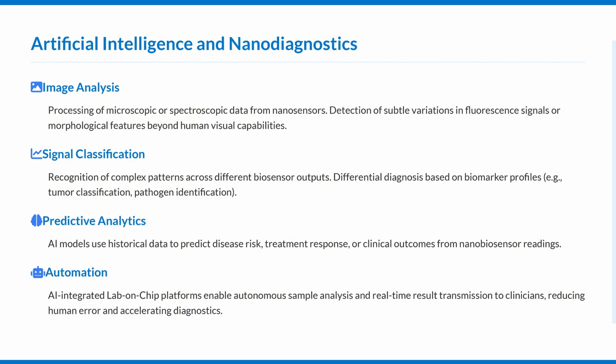Predictive analytics. AI models use historical data to predict disease risks, treatment response, or clinical outcomes from nanobiosensor readings. Automation. AI-integrated lab-on-chip platforms enable autonomous sample analysis and real-time result transmission to clinicians, reducing human error and accelerating diagnostics.